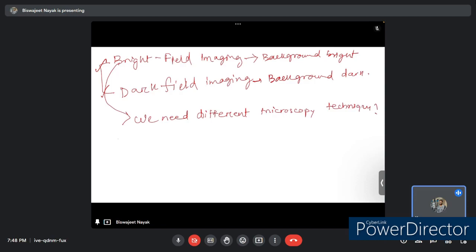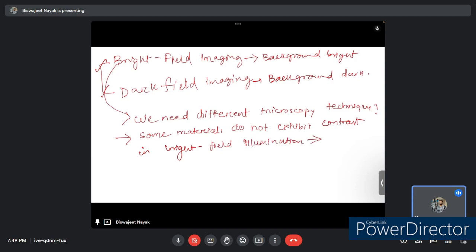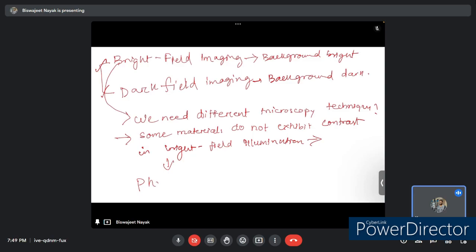Because some materials do not exhibit contrast in bright field illumination. So to curb this problem, we can use the phase contrast technique, where phase change can easily be detected.